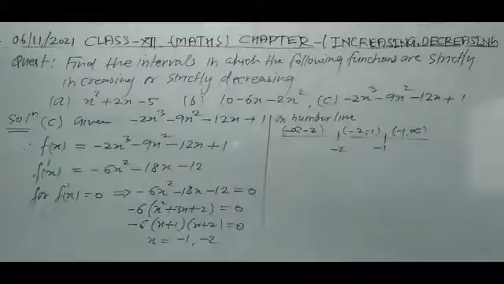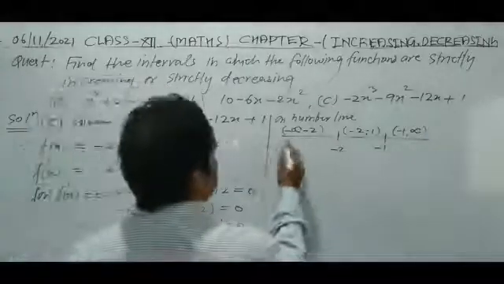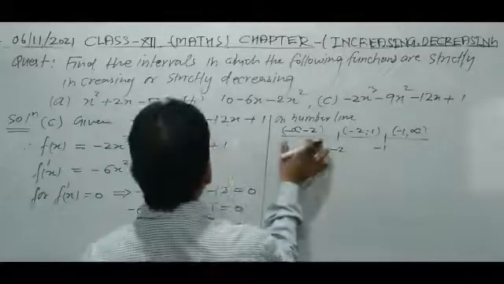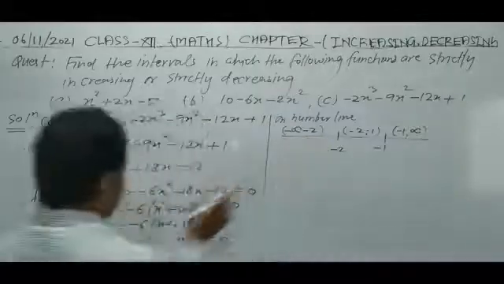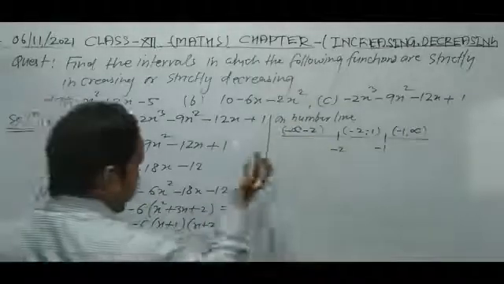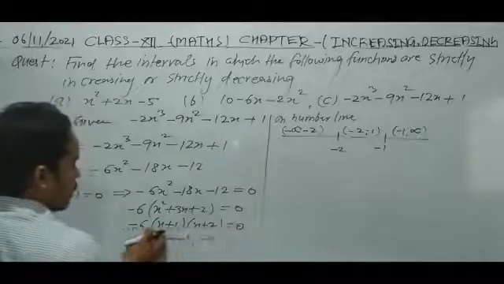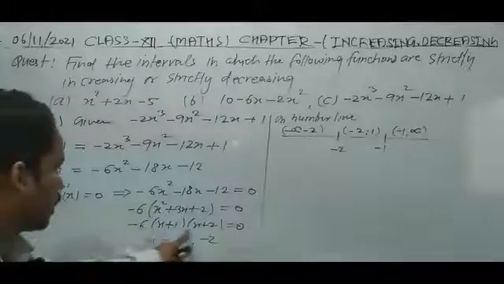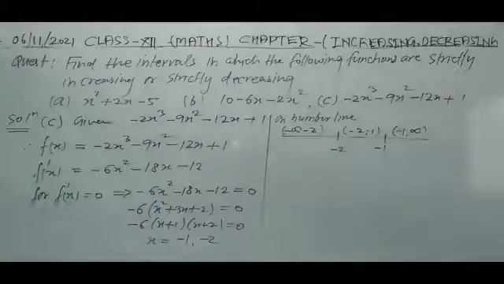Suppose we check in this interval, x less than minus 2. All the x factors will be negative, so three negative terms. So f dash x is negative in this interval.